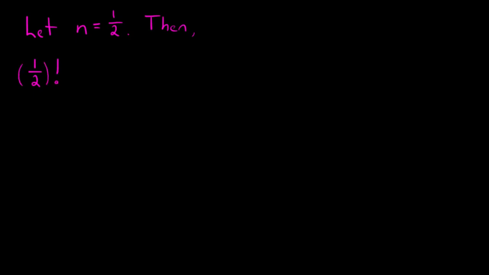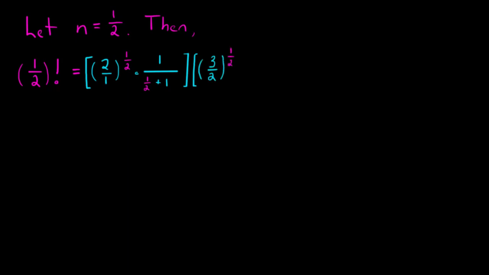by Euler's infinite product definition, 1/2 factorial should be equal to, here we go again, 2 over 1 to the 1/2 power times 1 over 1/2 plus 1. Close brackets, open brackets, times 3 over 2 to the 1/2 power times 2 over 1/2 plus 2.